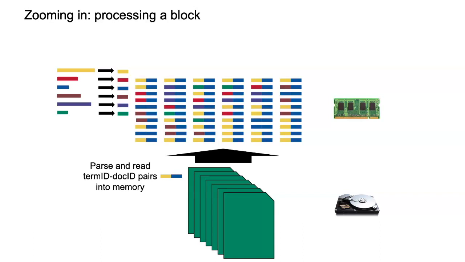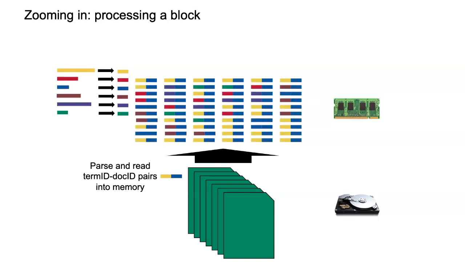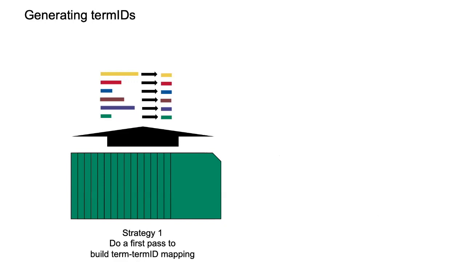A small parenthesis on how we build that term ID mapping. How do we build it? There are two strategies, two approaches. The first strategy is that before you even start indexing anything or processing the shards, you first do a pass just to generate the term ID mapping.